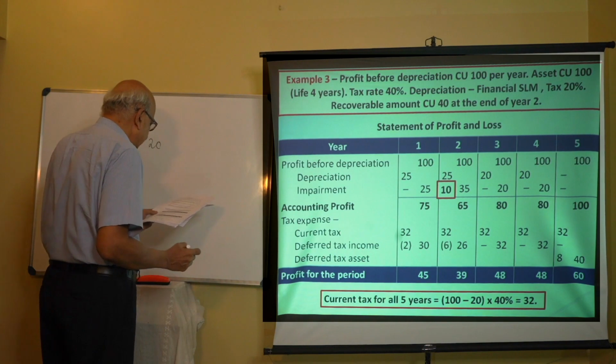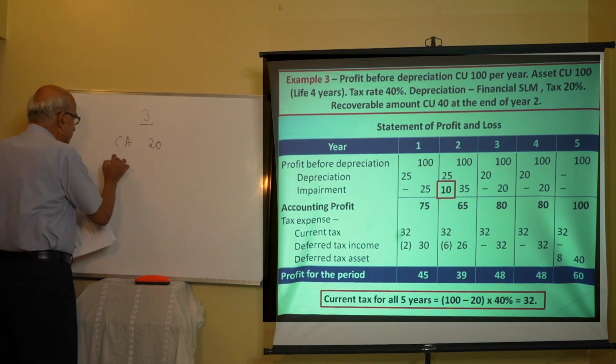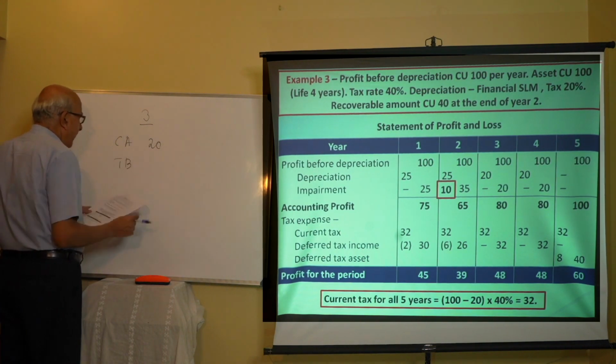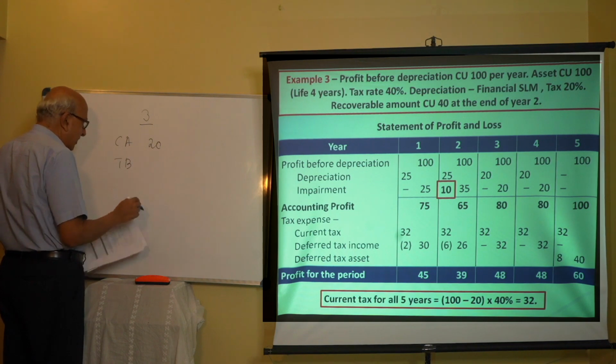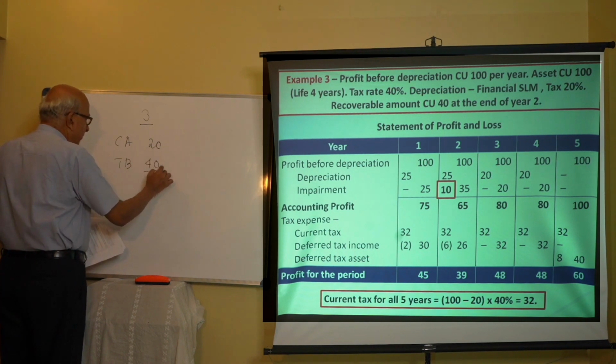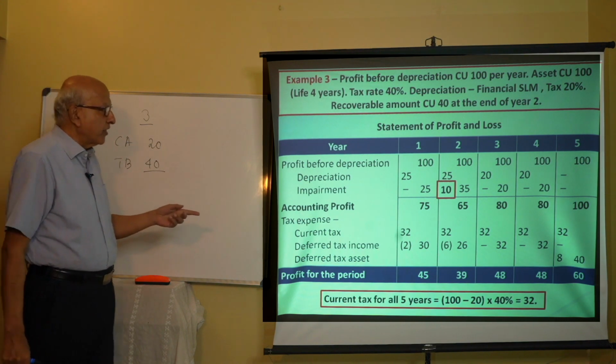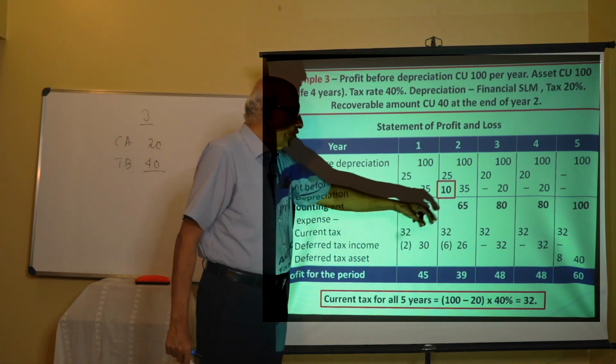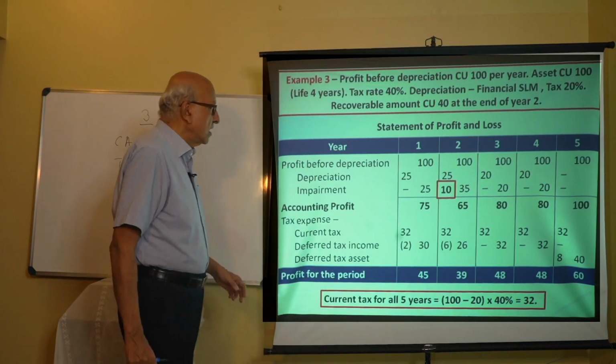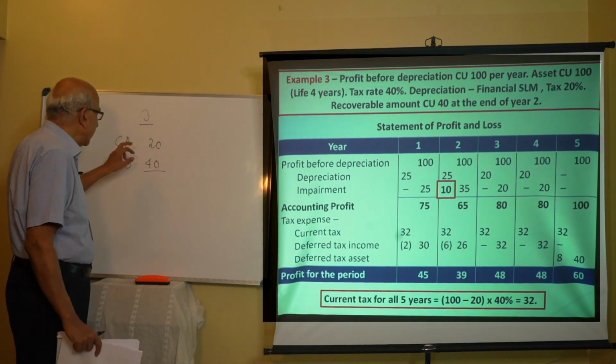And tax base is, for 3 years, 60 rupees charged, so it is 40. Clear? I repeat, carrying amount at end of year 2 is 40, 20 charged as depreciation, so remaining carrying amount is 20.